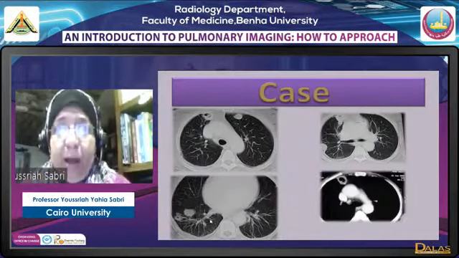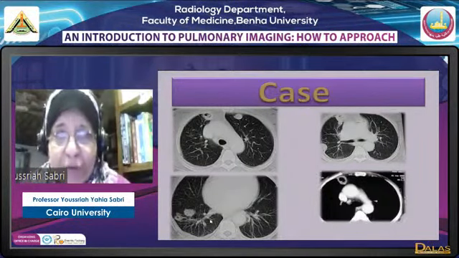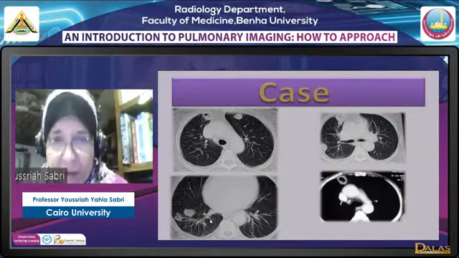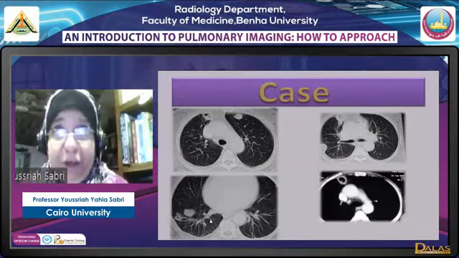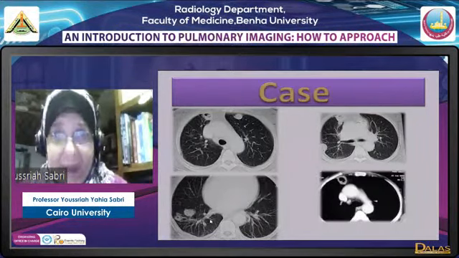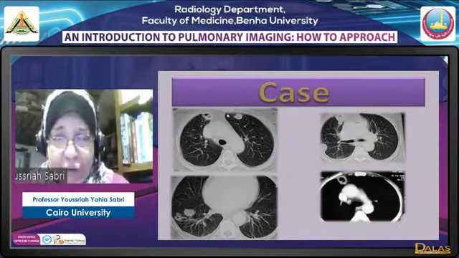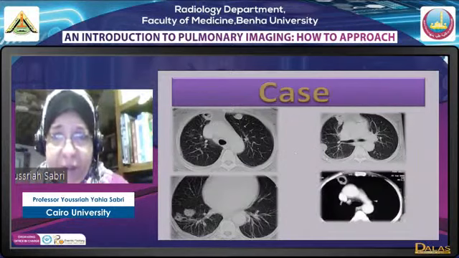If those nodules with cavitations are bilateral and countable, we may also add a third differential diagnosis, which is vasculitis. Here we have nodules which are well defined and some of them showing cavitation. So we have the three possibilities.